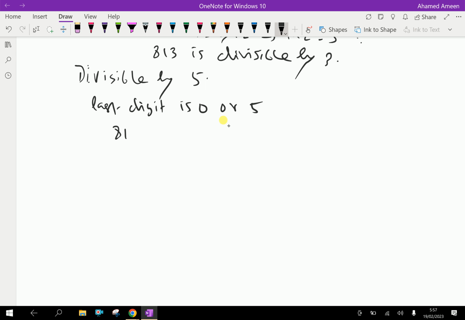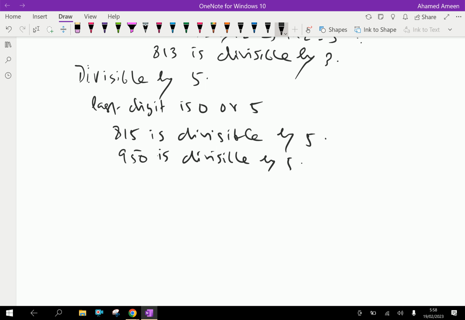Suppose 815 is divisible by 5. 950 is divisible by 5 because it ends with 0.